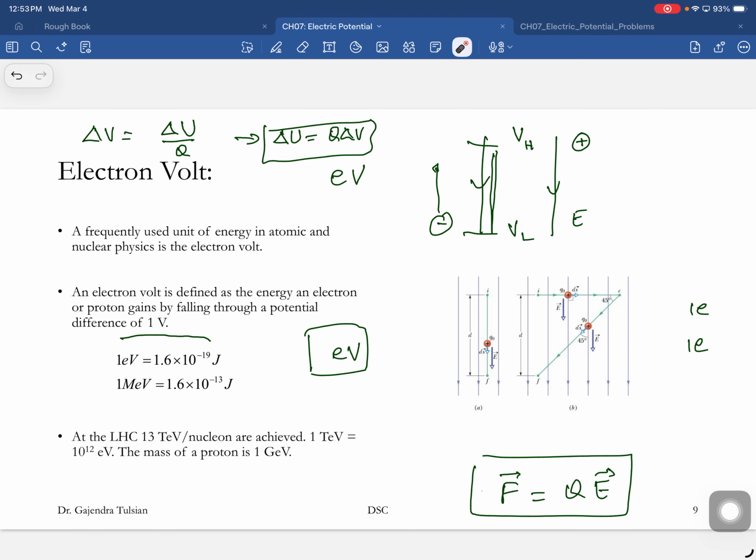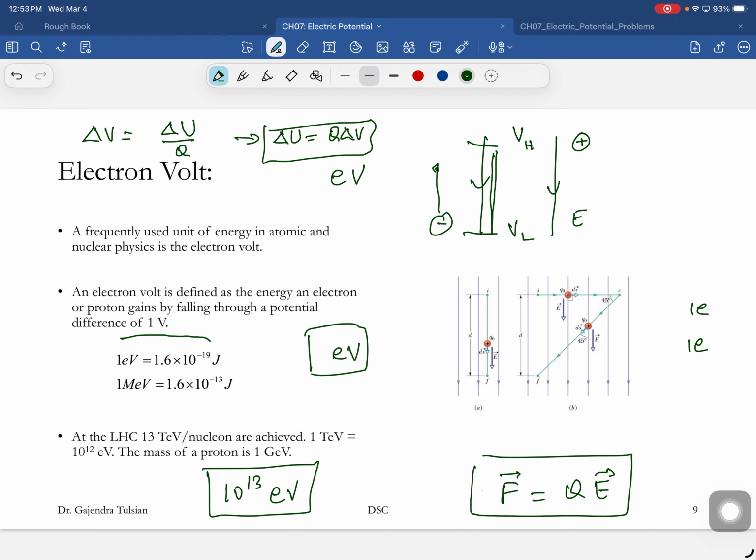All right, so again, the Large Hadron Collider at CERN, the energy of the particles is 10 to the power of 13 electron volts. The mass of a proton is 1 GeV, which is 10 to the 9 electron volts.